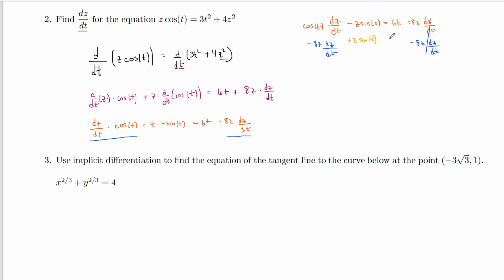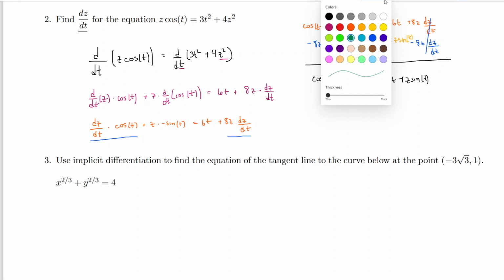I'll add that to the right side. And what are we left with? On the left, we have cosine of t dz over dt, minus 8z times dz over dt, equals the right side. The right side, we had 6t before, and then we also added z times sine of t.